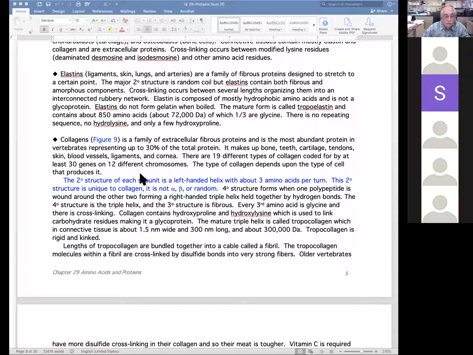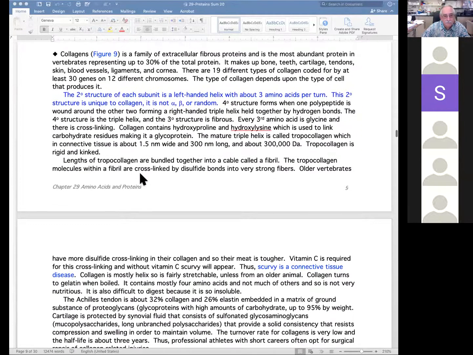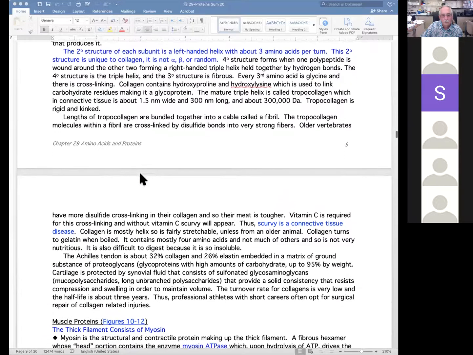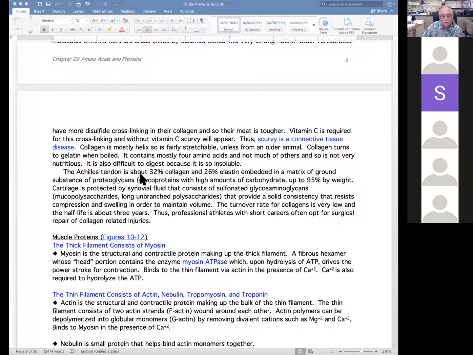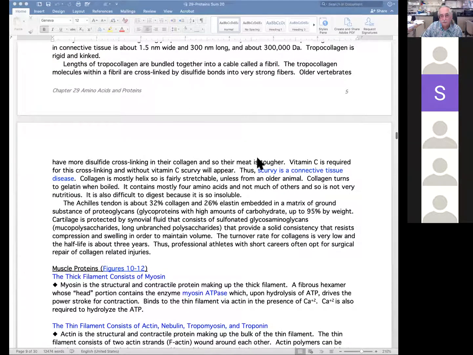Nobody would ask you for the exact structure. So here's another disease. Vitamin C is required for the cross-linking of collagens. And if you don't have enough vitamin C, you'll get scurvy. Scurvy is a connective tissue disease, right?